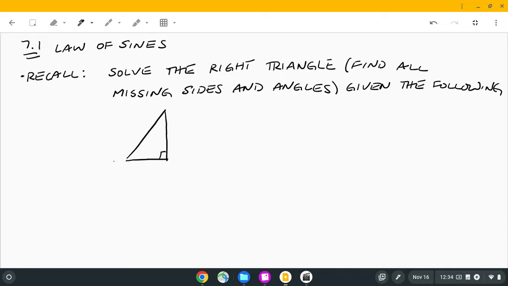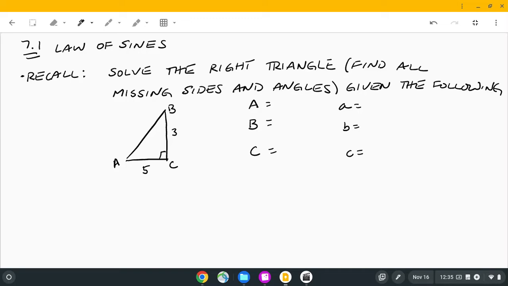Okay, so here you have your right triangle, and suppose that this is A, B, C, and suppose this is 3 and this is 5. You would need to find all of the missing parts. First of all, we have 3 angles, angle A, B, and C, and then you have 3 sides. The side opposite angle A is little a, the side opposite angle B is little b, and then we have little c.